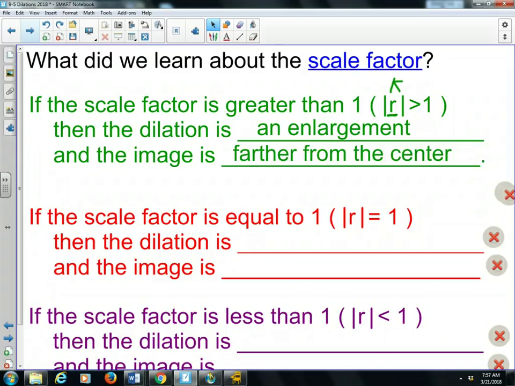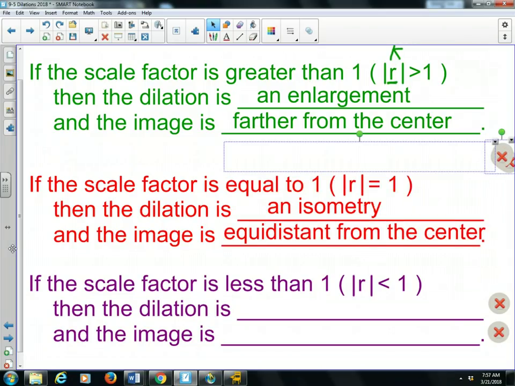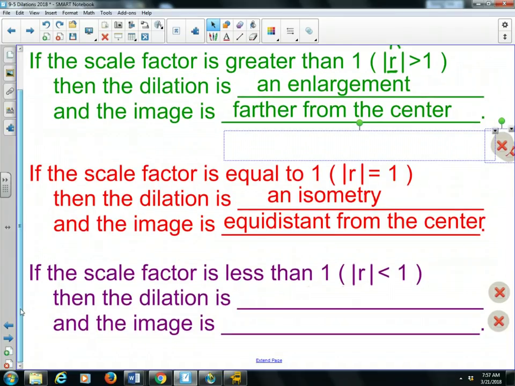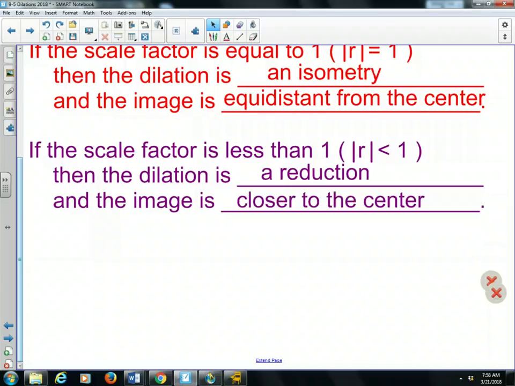If the scale factor is equal to 1, we call that isometry. It's the exact same size, so it's equidistant, or the same distance away from the center. And if the scale factor is less than 1, that's when the figure got smaller. We call that a reduction. The dilation is a reduction, and the image is closer to the center.